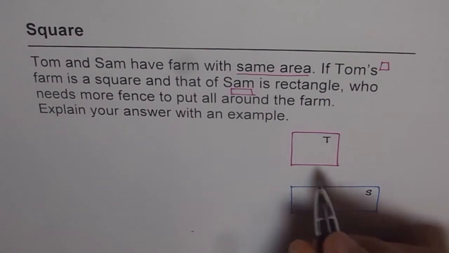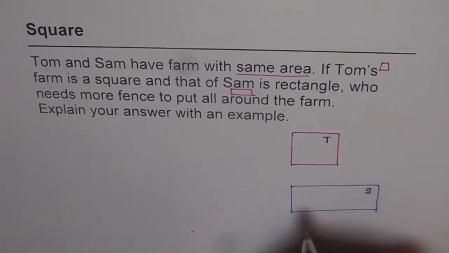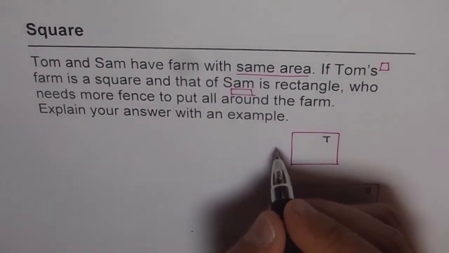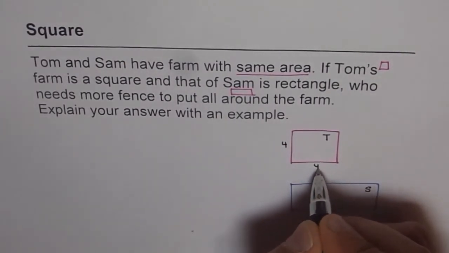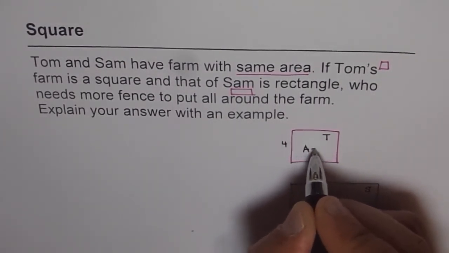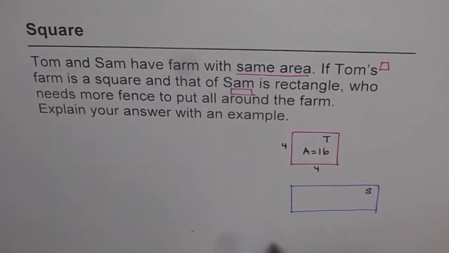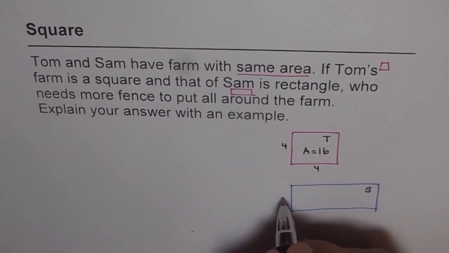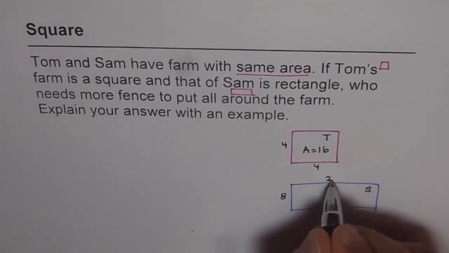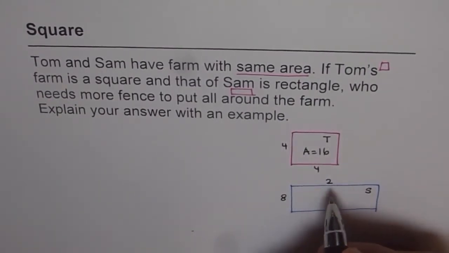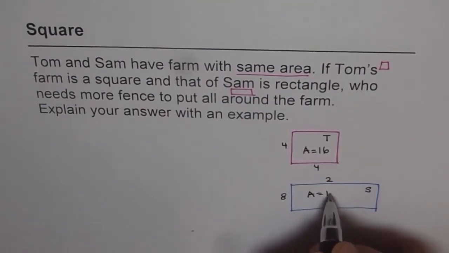So we get an area of 16. Now, for the same area of 16, what are the other dimensions? 8 times 2 is also 16. So the area is 16.